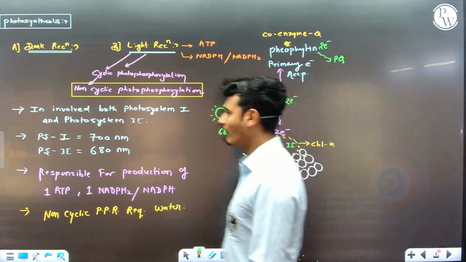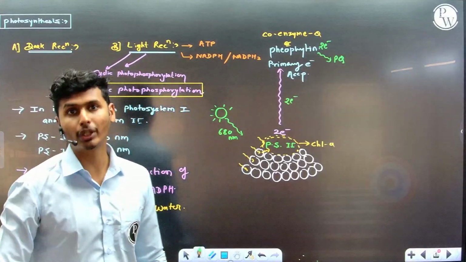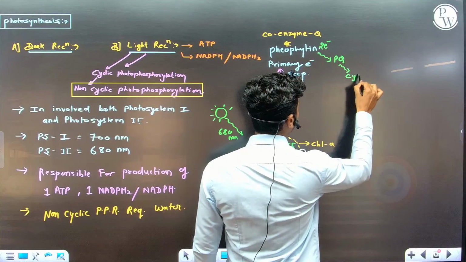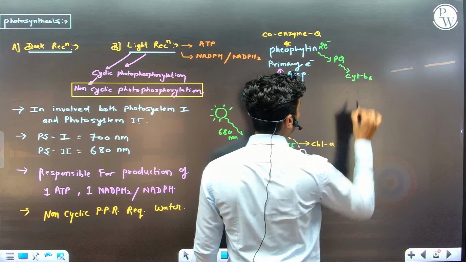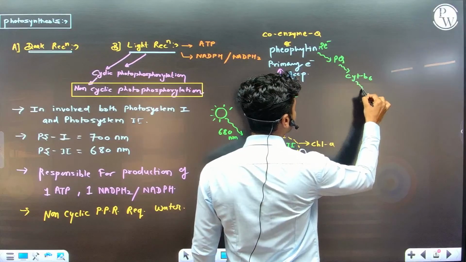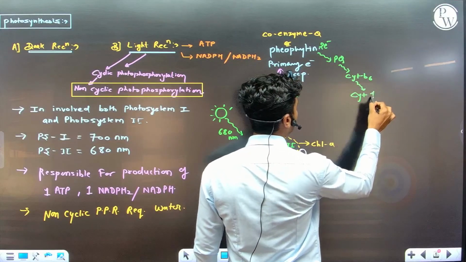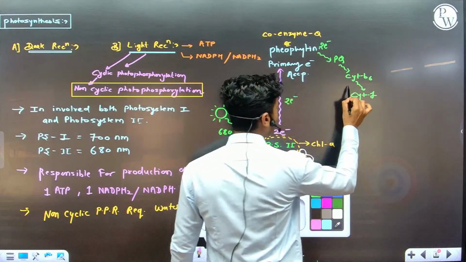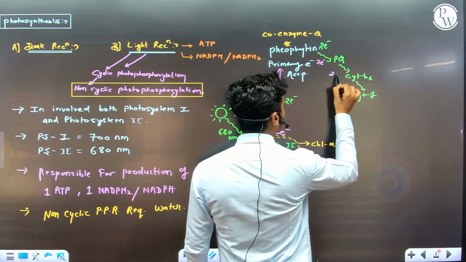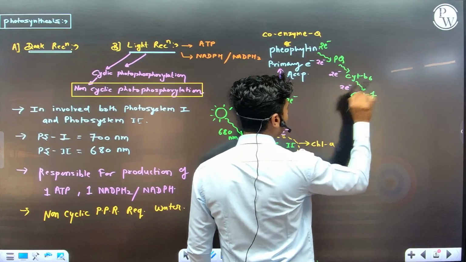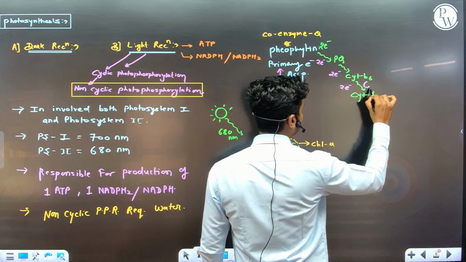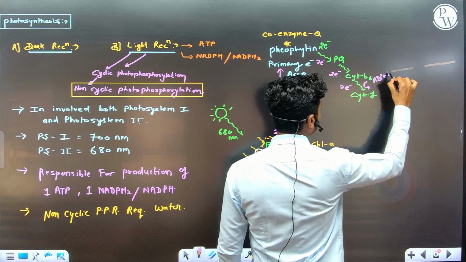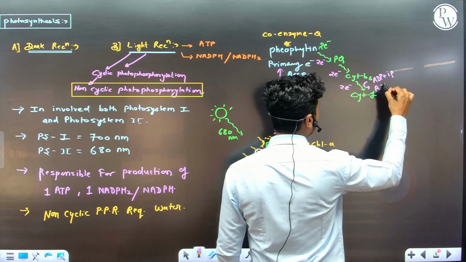Now, what is the long form of PQ? That is plastoquinone. Plastoquinone transfers these 2 electrons to cytochrome B6. Cytochrome B6 transfers this electron to cytochrome F. And in between this transfer of the 2 electrons, between cytochrome B6 and cytochrome F, ADP molecule fuses with inorganic phosphate and forms ATP.